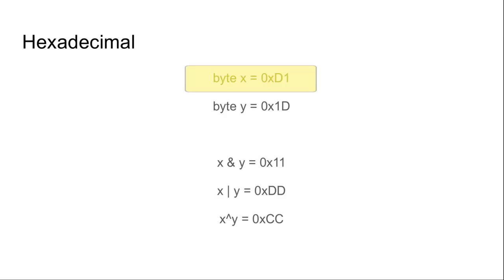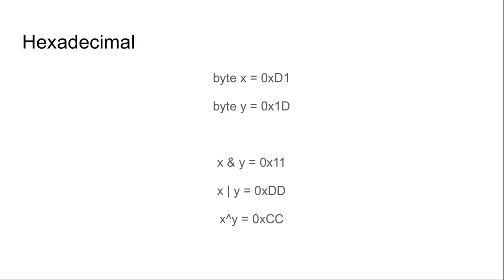So our x is D1, our y is 1D, then if we apply the AND operator we get 11, if we apply the OR operator we get DD, and the exclusive OR gives CC. It's interesting to know that the hexadecimal representation in Arduino uses 0x as a prefix to every value you are going to assign.